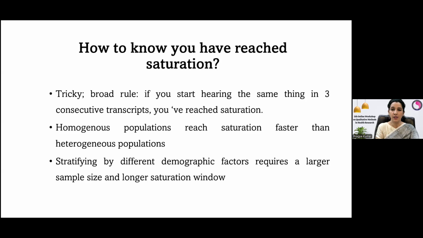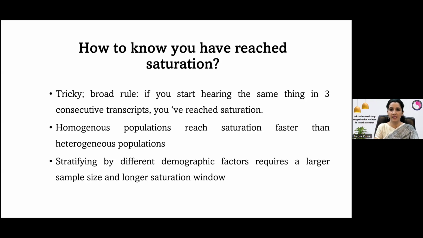Saturation is reached early when you have a homogeneous sample. If you have a heterogeneous sample, that's why you should have purposive sampling. You should try taking the viewpoints of various diverse types of people. Otherwise your saturation will be reached very early.